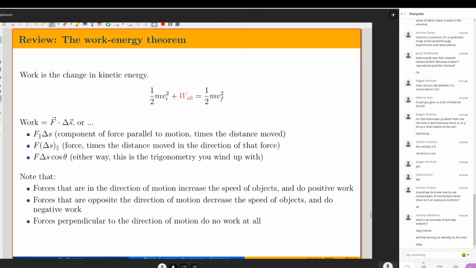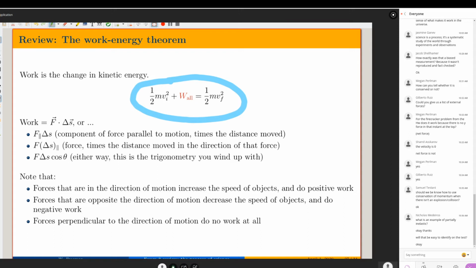Now I want to talk about the work energy theorem. This is kind of the more subtle idea. So we saw that work is the change in kinetic energy, which we can write like this. Here, when I write W all, this is the work done by all forces added together. Work is the dot product between force and displacement.